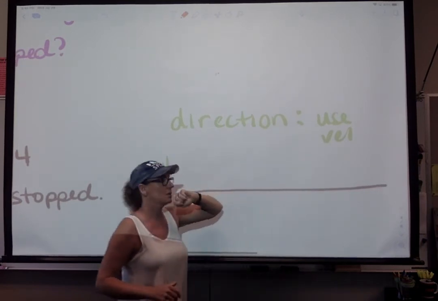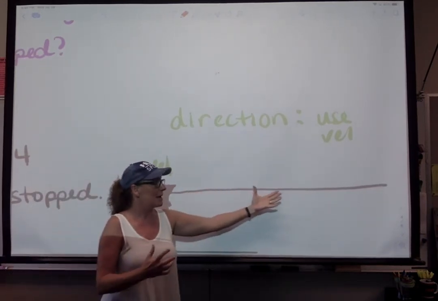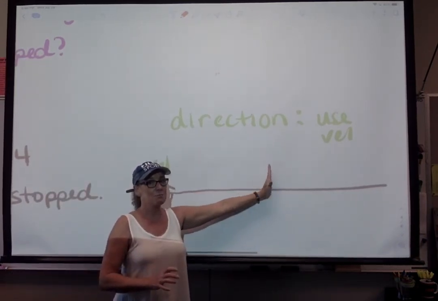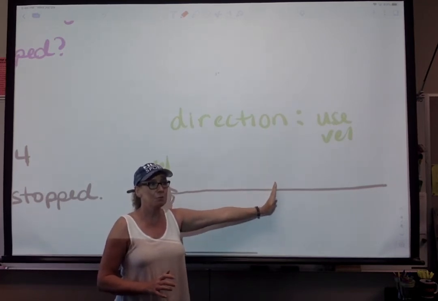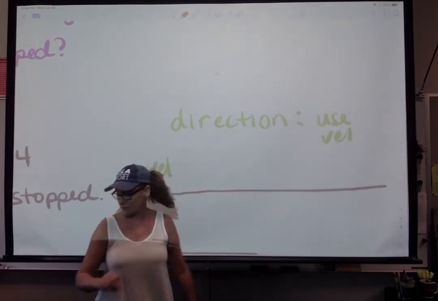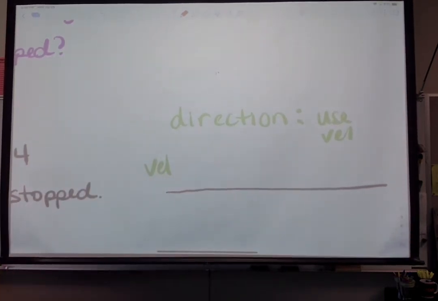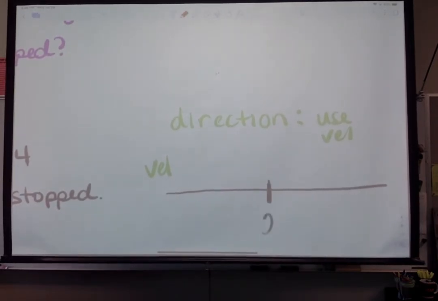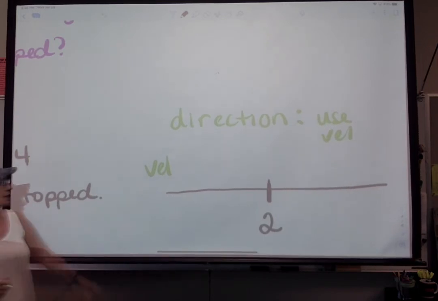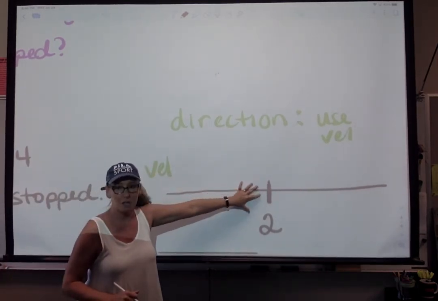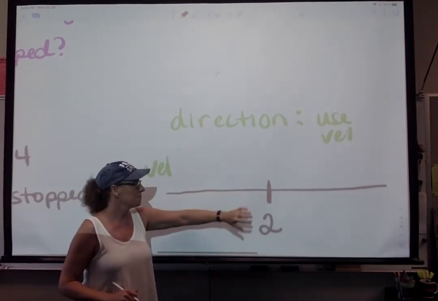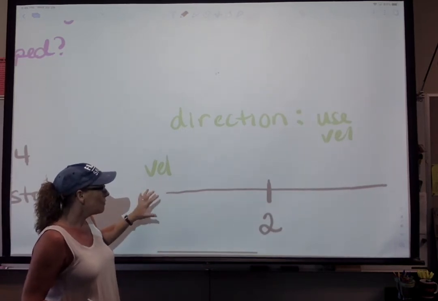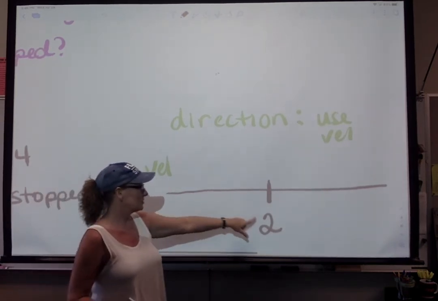So I'm getting ready to make a number line. In the middle of my number line, I'm going to put where my velocity was 0. So I'm going to call that 2. Notice I've labeled my number line with velocity. This is 2 seconds.